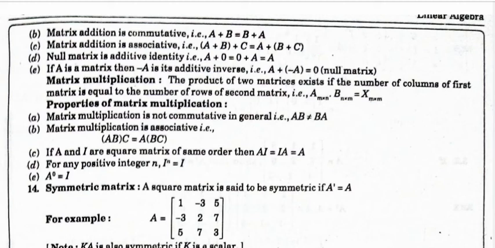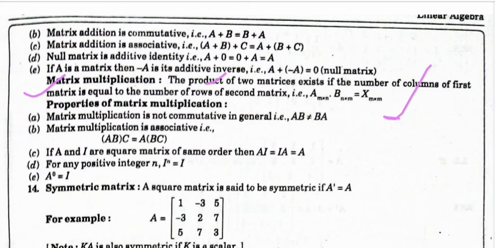Another point is: what is matrix multiplication? The product of two matrices exists if the number of columns of the first matrix is equal to the number of rows in the second matrix. For example, A of m into n dot B of n into m gives a matrix of m into m.